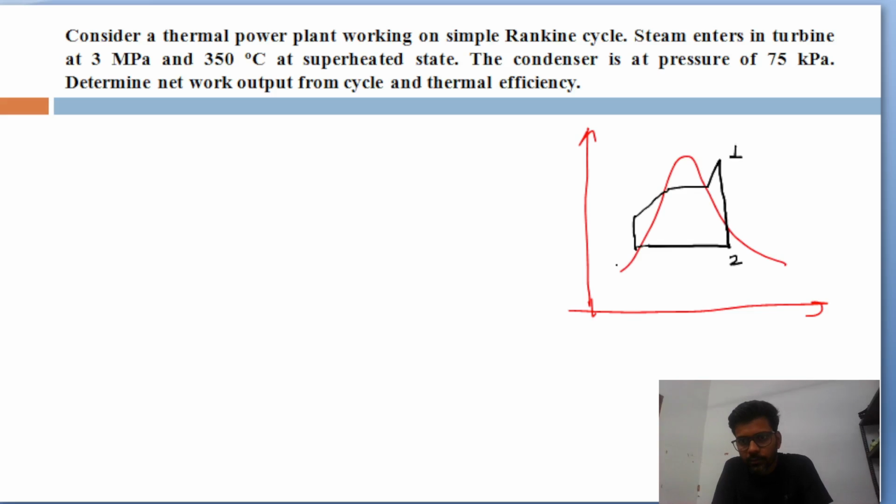This is point 1, 2, 3, 4, and here the dryness fraction is X. This is T, and this temperature is 350. The pressure is 75 kPa, and this is 3 MPa.